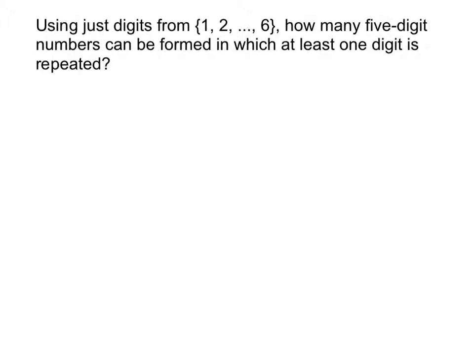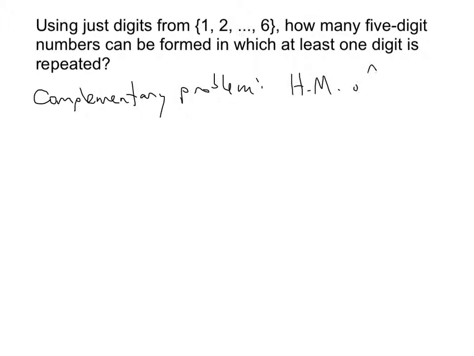The key word here in this problem is this phrase, at least one of something, and when that happens, then the complementary problem is suggested and often will save you some trouble. So here we want at least one digit repeated, which means that I would want to think about the complementary problem.